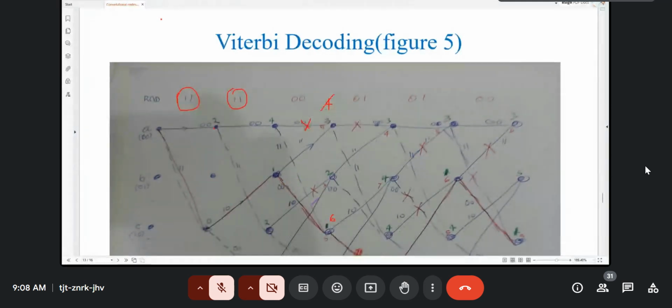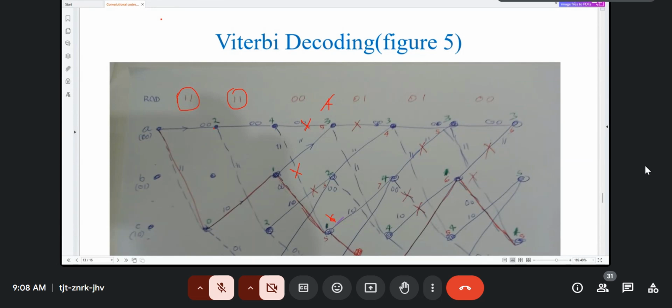So the branch metric is 0, 1 plus 0 is 1, so you have 1. And remember, we had said it was 6, so you can remove 6, because you have a better path. That path was giving us 6. So you can even remove this, actually. Not a viable path.